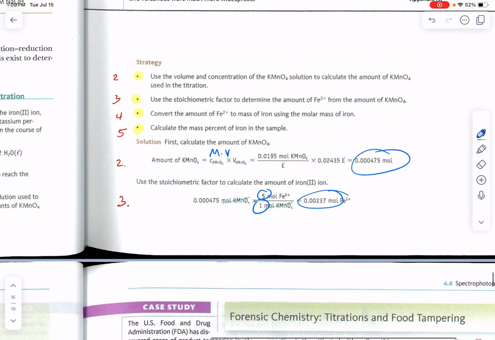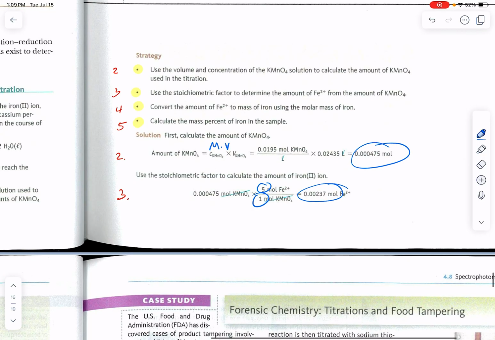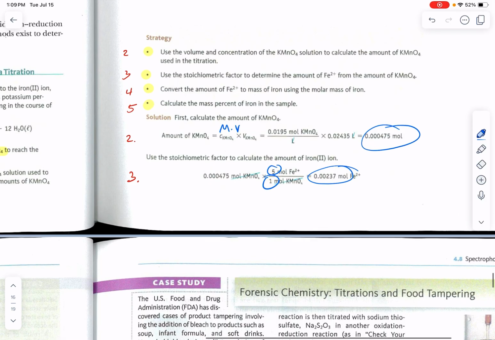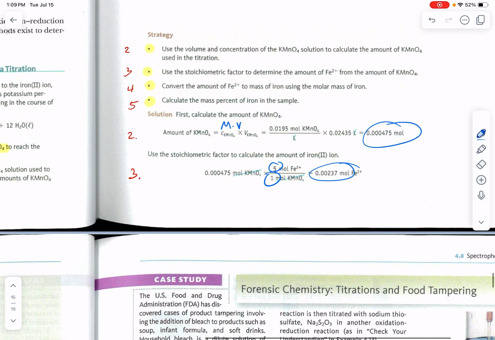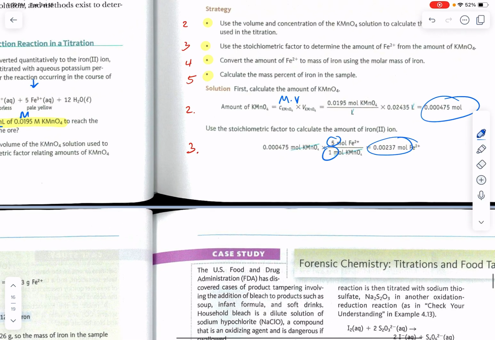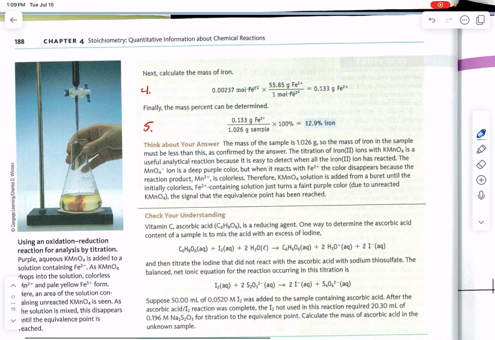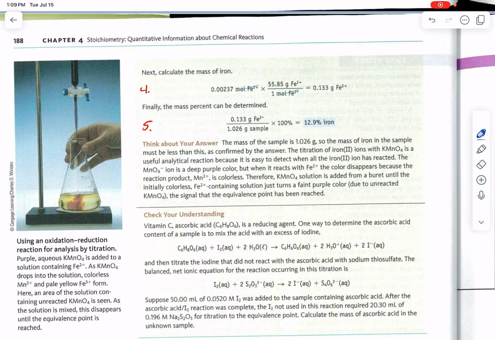But once we get those iron ions, that produces a color change, which is why we would be using potassium permanganate in this titration instead of your typical indicator. Oh, here are the other steps. Step number 4, we're going to take our iron ions, and you'll notice we can convert that into grams.